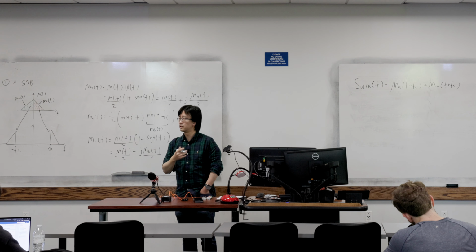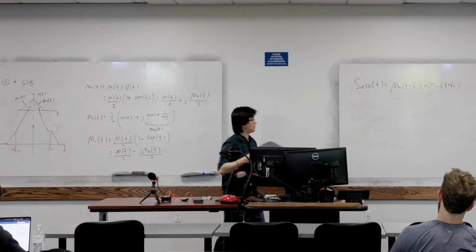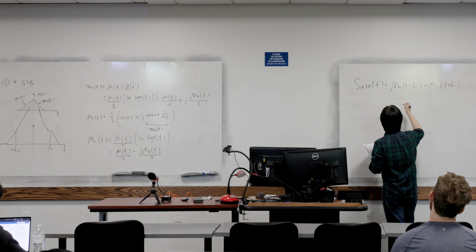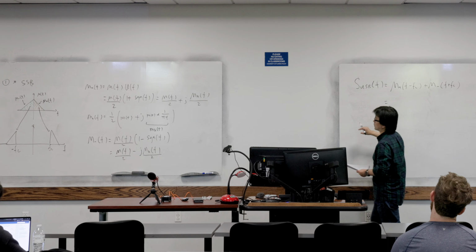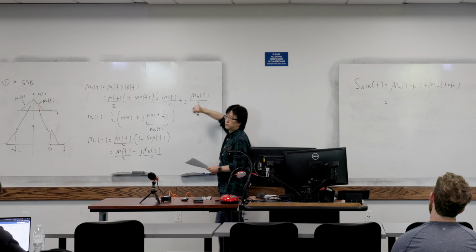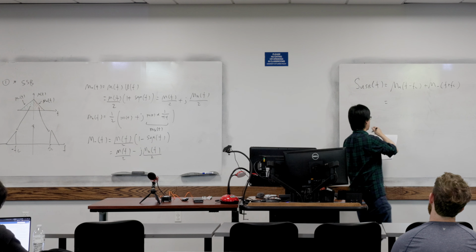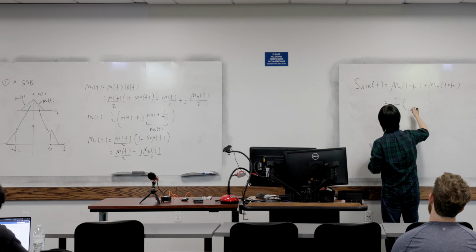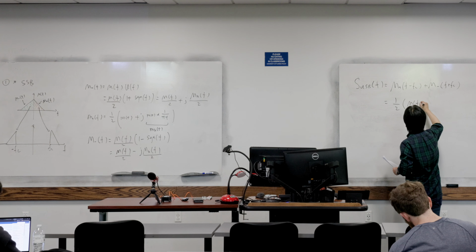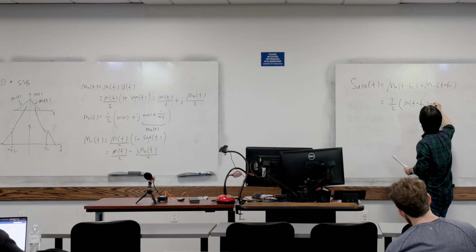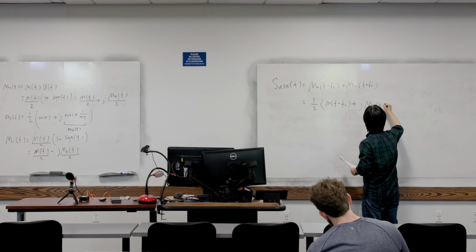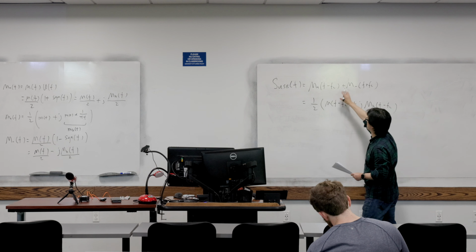Questions? Okay, great. Now let's do some manipulation to see exactly what this signal looks like. For the first part, we copy this, because m plus equals this. So for the first part, we have a half of M f minus fc plus j times MH f minus fc. That's the first term.